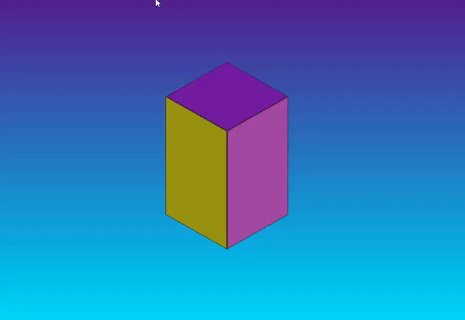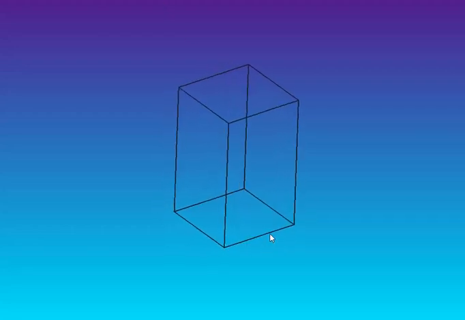Similarly D. Here I will show it as a wireframe. If this is the D point, this is D1. Here I'll be able to see the point A, the point B, the point C, and the point D.